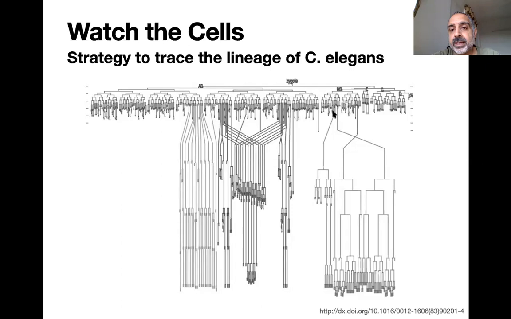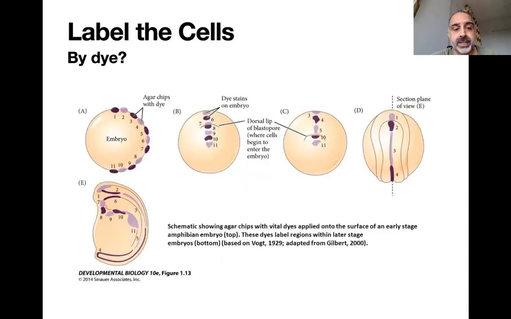C. elegans is very handy for this. It's a fixed lineage, so the development is regulative, and that was fantastic. This highlighted the power of C. elegans. The next way to track cells is, as Shubha mentioned, by vital dye staining.